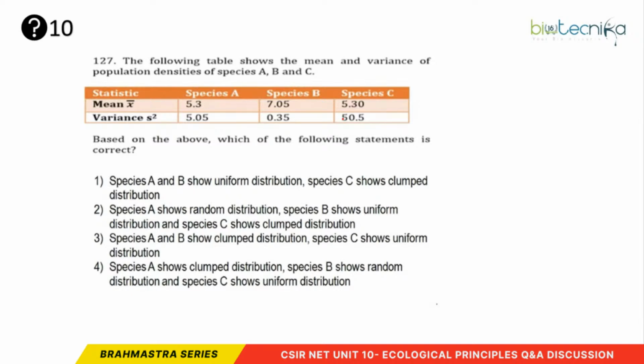So, mean and variance, and I'm sure you all have studied about the distribution, right? And in the class I have mentioned how to calculate the different types of distribution, whether it is clumped or dispersed or randomly distributed, based on the mean and the variance ratio.